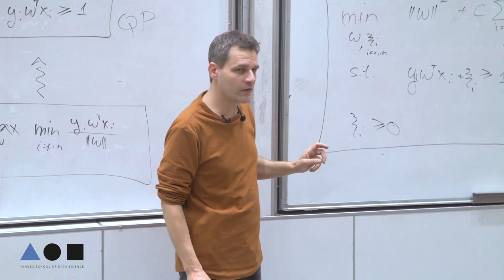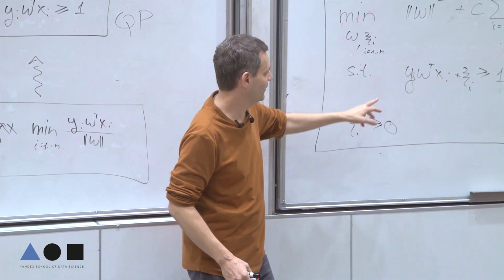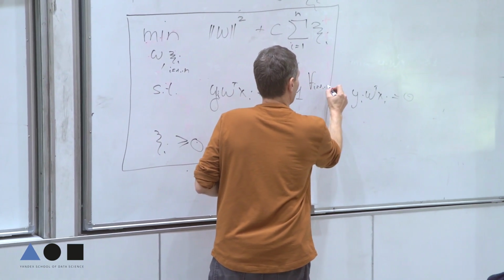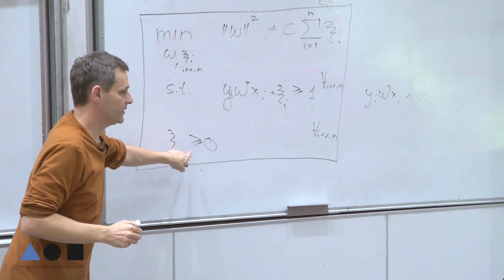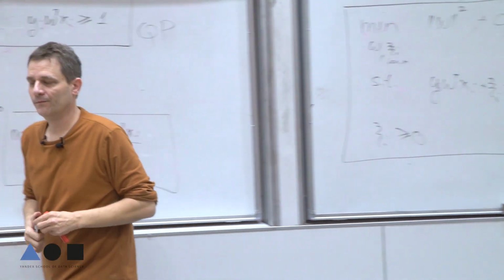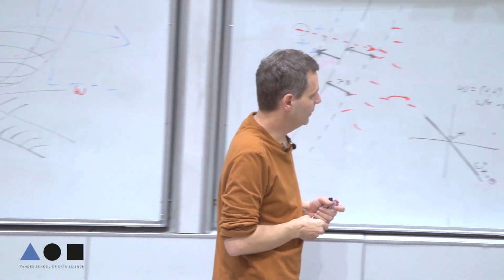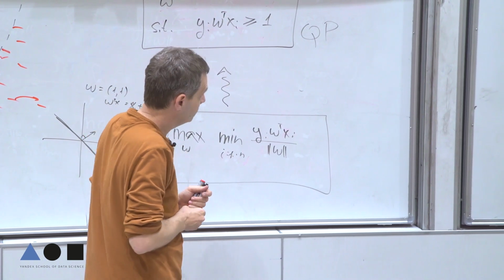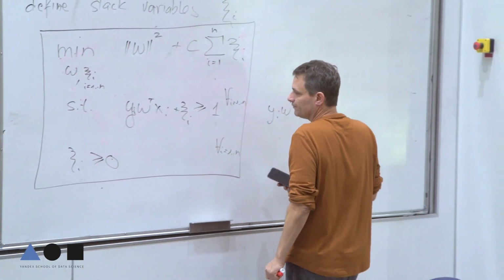What about how many constraints do we have now? Now it's 2n, right? I didn't write this. This is for every i from 1 to n, and also we have a slack variable, and they're all positive.